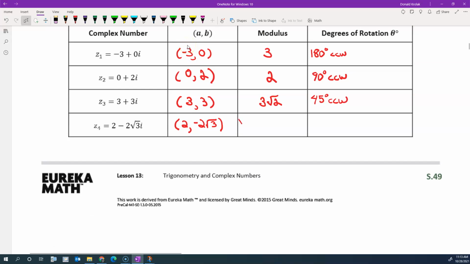So I'm going to do the square root. A is 2 squared. B is negative 2 root 3 squared. Okay. So that's 4. Okay, now what's 2 root 3 times 2 root 3? Anybody? 2 root 3 squared. 6.